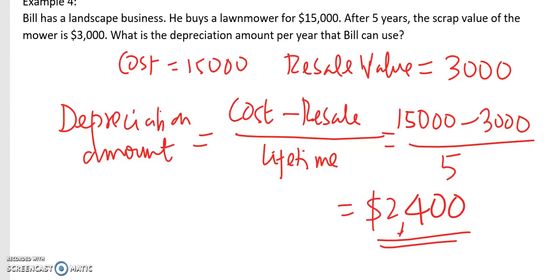And let's say if there is no scrap value, then you don't need to worry about this 3,000. That'll be zero. So it'll be $15,000 divided by 5, which is going to be $3,000 that he can depreciate. But usually, every equipment that we buy will have some scrap value, and you need to determine that scrap value.